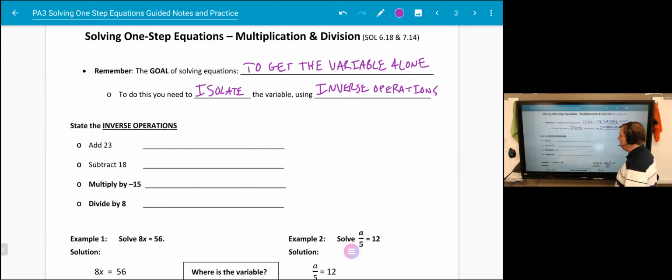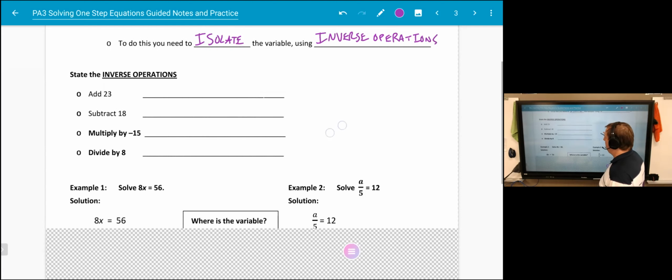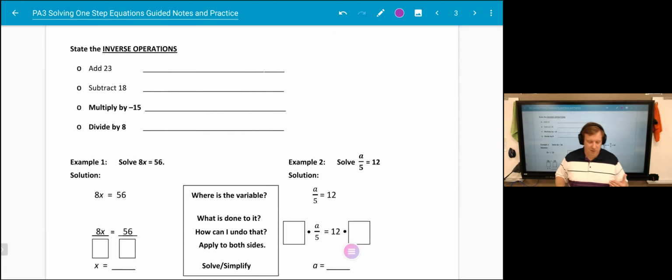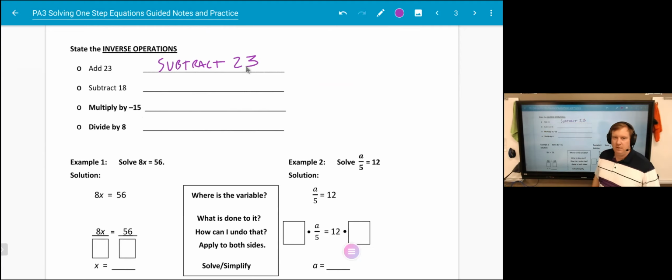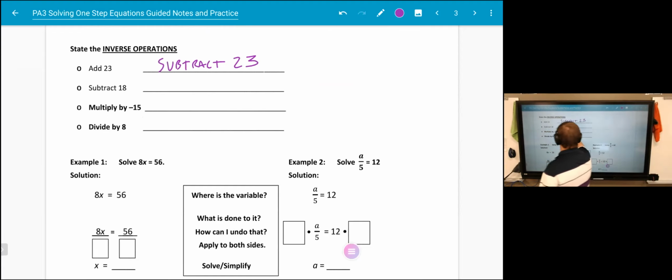All right. So let's take a second and review. What is the inverse operation of adding 23? Well, the inverse operation of addition is subtraction, so I would subtract 23. If I've got x minus 18, the inverse operation to get rid of that subtracting 18 would be to add 18.